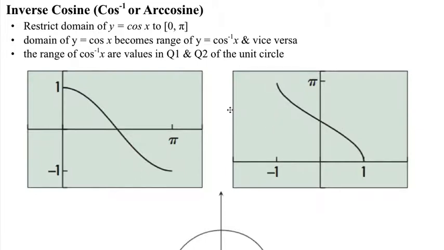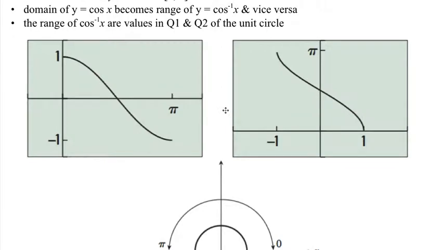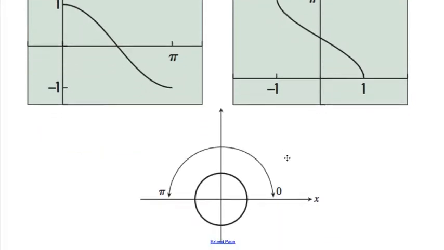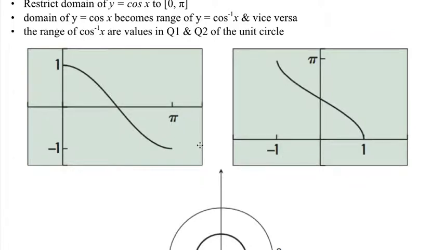When we look at our inverse cosine values, these values are in quadrant 1 and quadrant 2, because our outputs go from 0 to pi. From 0 to pi is quadrant 1 and quadrant 2. So on the inverse cosine, we will end up getting answers in quadrant 1 and quadrant 2.